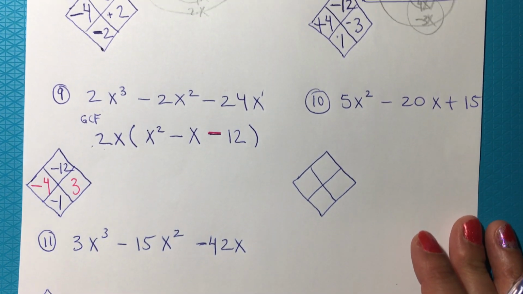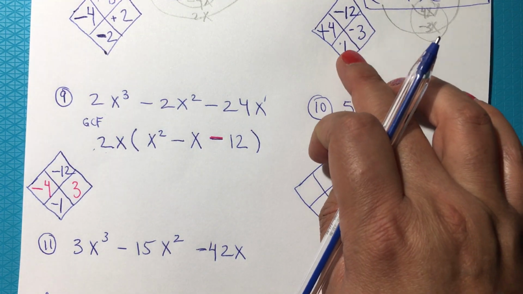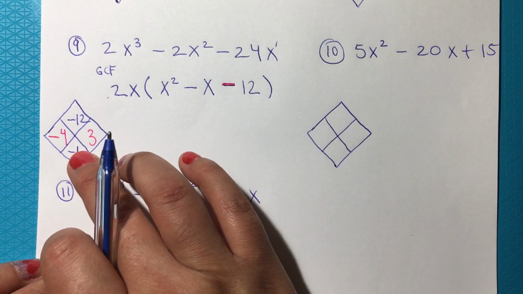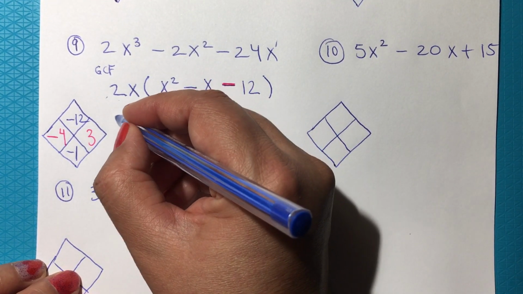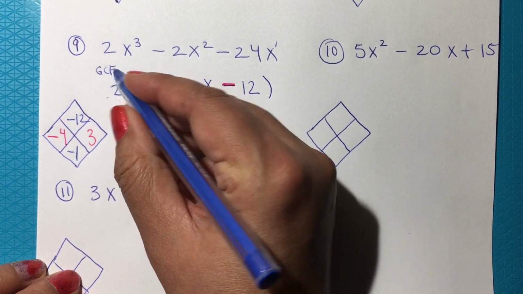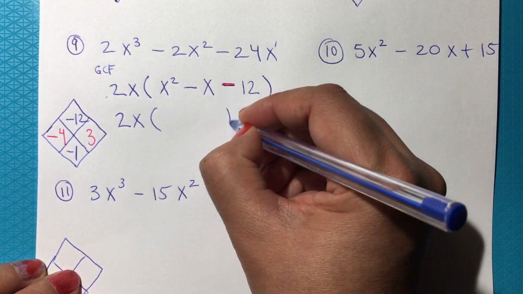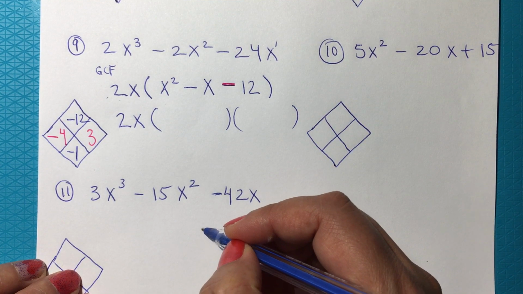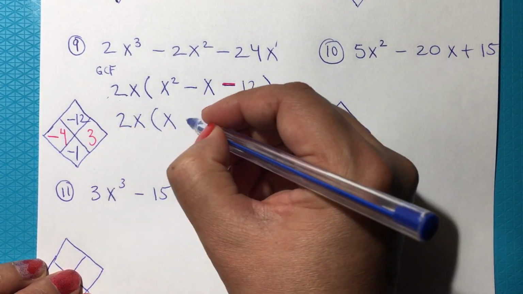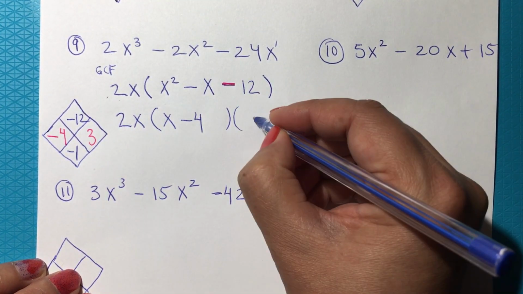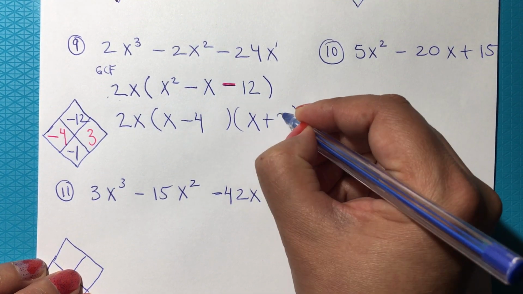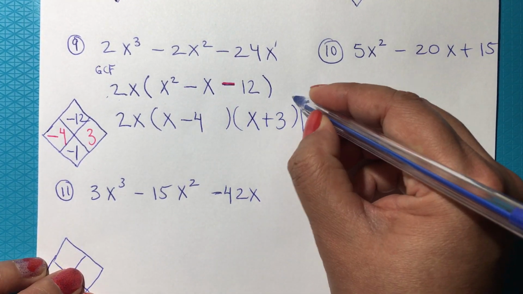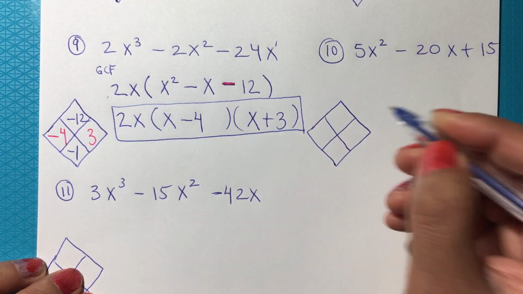So similar to the one that we have here, but the biggest sign was positive. Now the biggest sign is negative. We are going to bring down our greatest common factor and open the two parentheses here. And we put x minus 4, x plus 3, and those will be our factors.